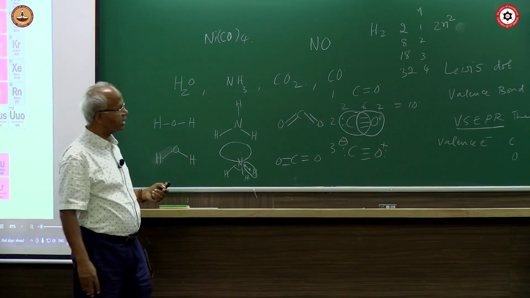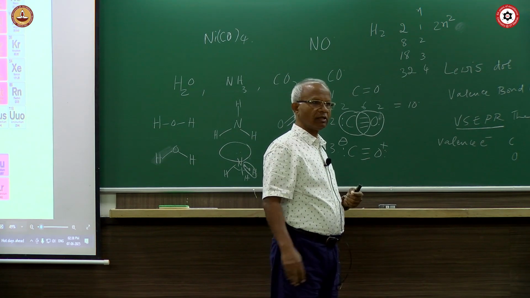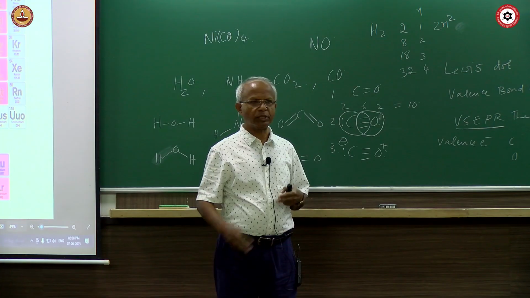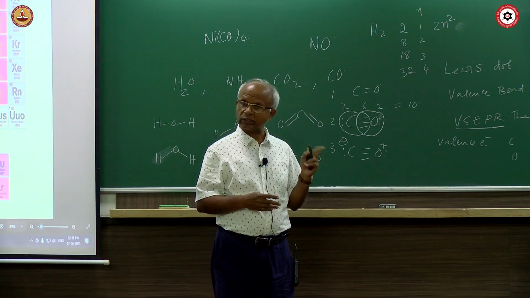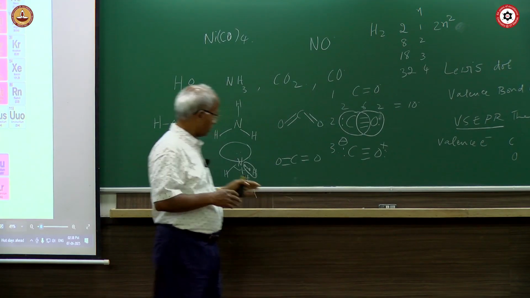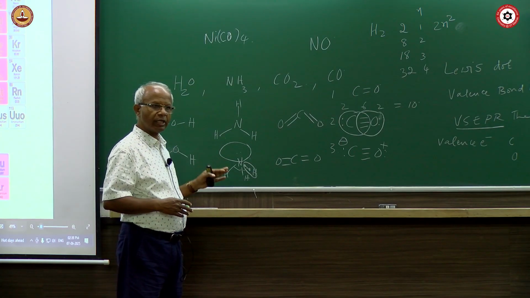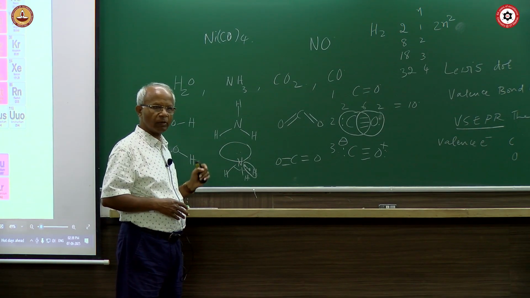So these are some of the theories. And valence bond theory, the hybridization, sp3, sp2, sp, sp3d2, all that people talk about to explain the structure. By looking at VSEPR theory, people predict what angles and what structure are possible.